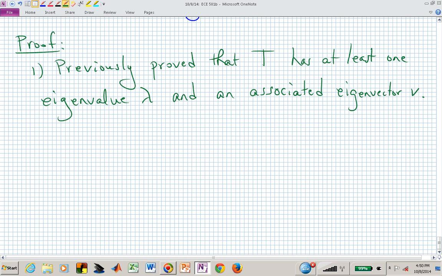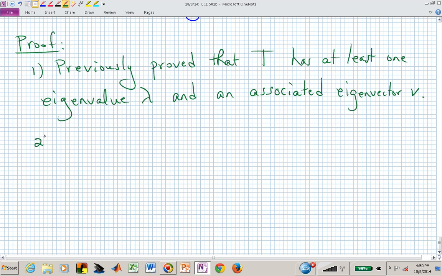We've also shown that once we have a vector, we can augment that vector, or add to that vector more vectors, or extend that vector to form a basis by creating more linearly independent vectors that will span the space.